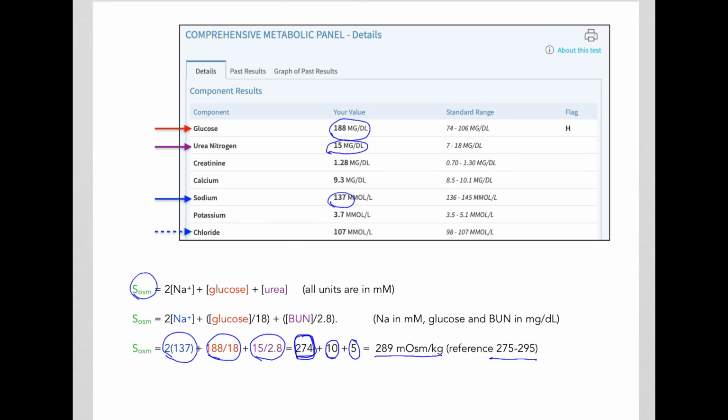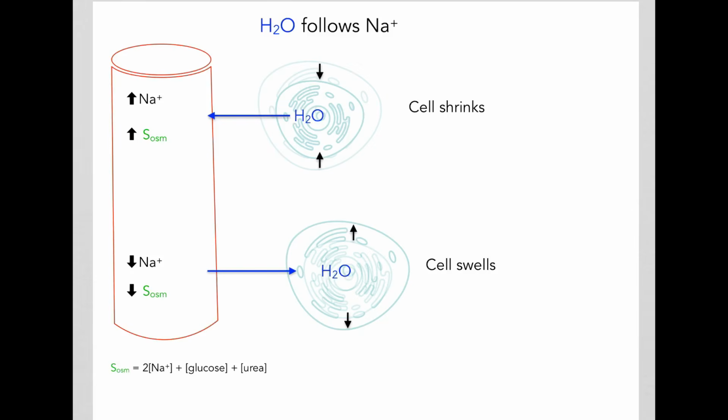So you can see from this example that sodium, that's a huge number here compared to the other two, plays a very, very important role in serum osmolality. So it's not surprising that sodium and water are very closely associated.